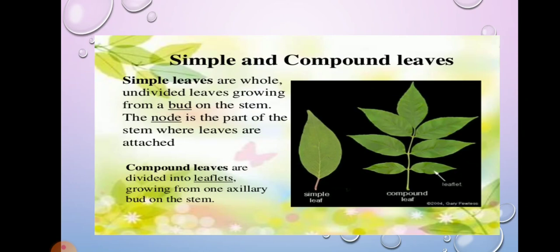Then this whole is known as a leaf, and the single parts that are divided are known as leaflets. It grows from an axillary bud on the stem. Axillary bud is the topmost part of the stem from where the plant grows. So these are the two kinds of leaves. You will study about it further in your coming classes. For now, this much introduction is enough for you.